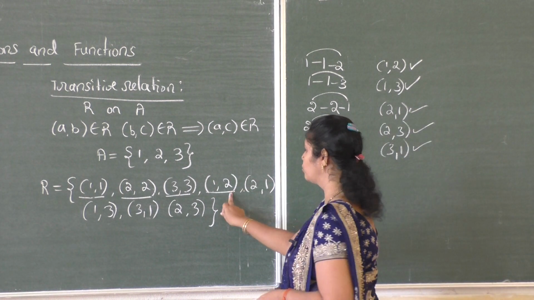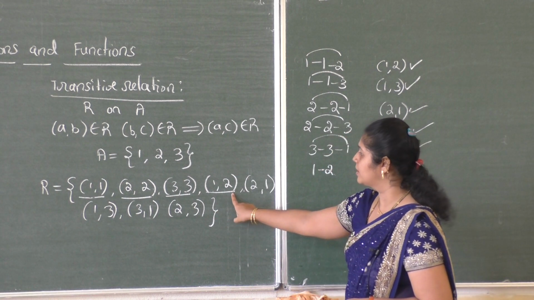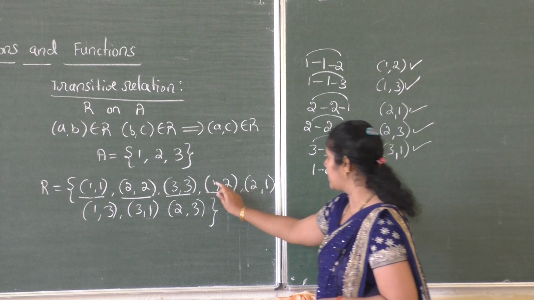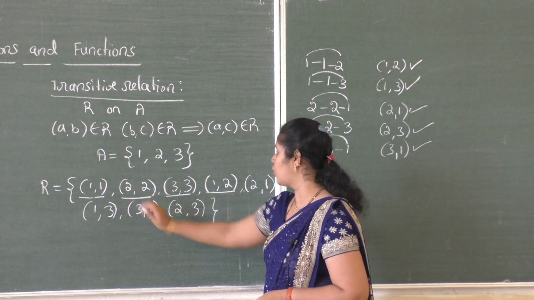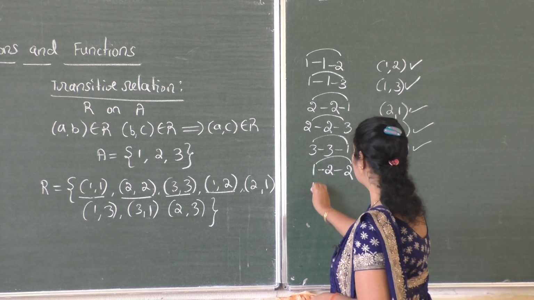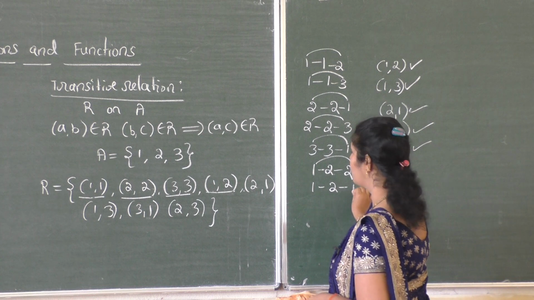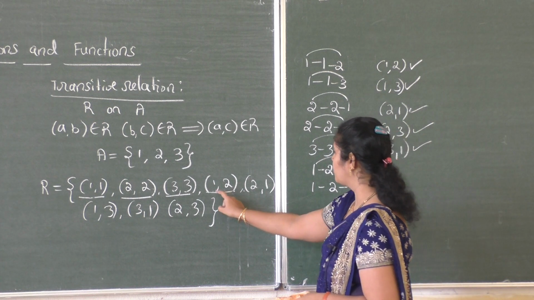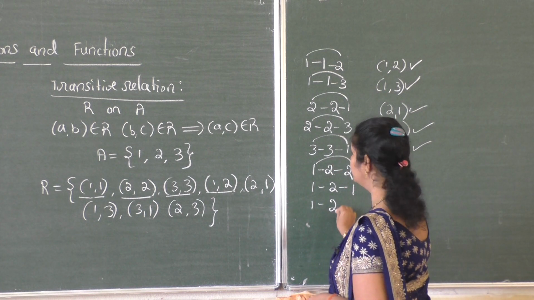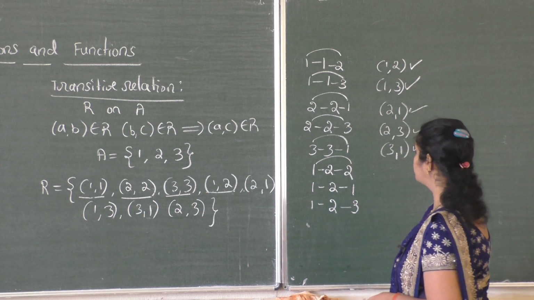So 1 goes to 2, then we can write here the pairs ending with 2. Here we have ordered pairs 2 goes to 2, and 2 goes to 1, and 2 goes to 3.